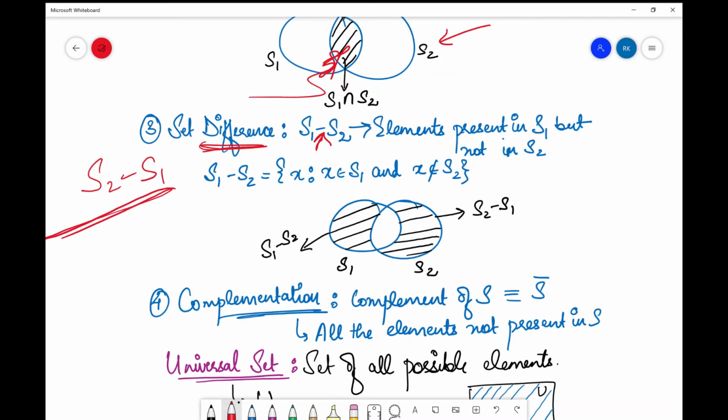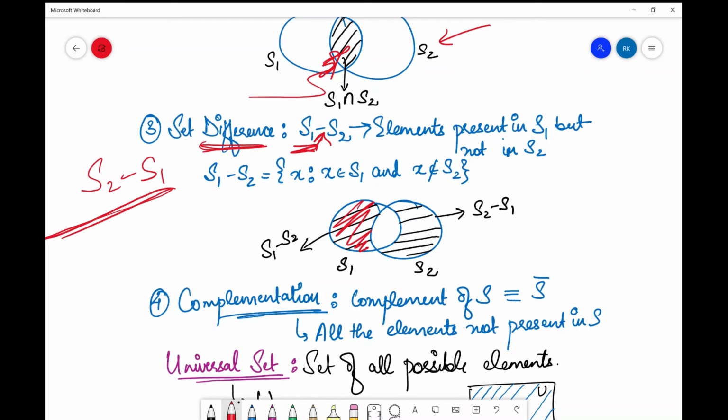What would it mean first of all? It would mean the elements which are only present in S1 and are not present in S2. That means if there are some common elements present in S1 and S2, then S1 minus S2 would represent only the elements present in S1, which is this portion.